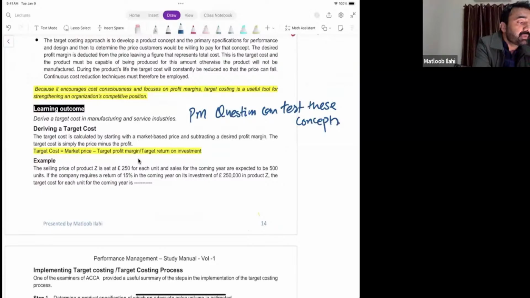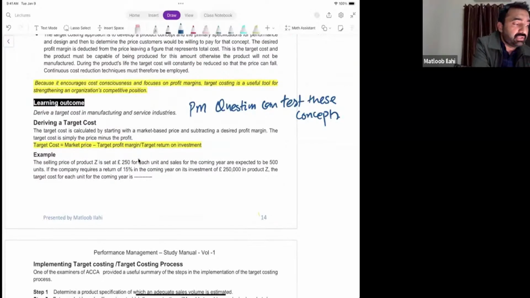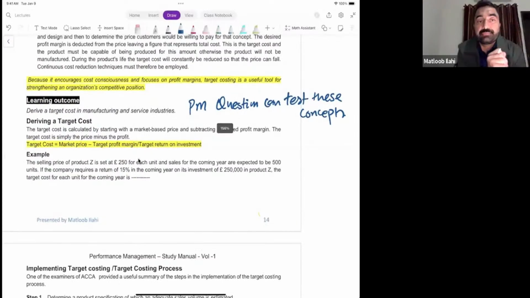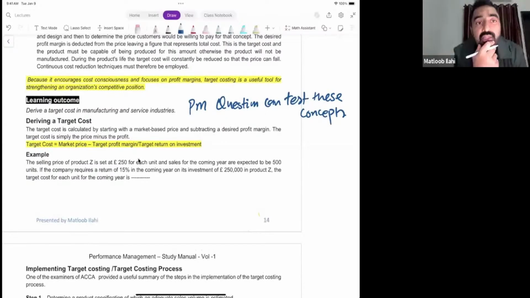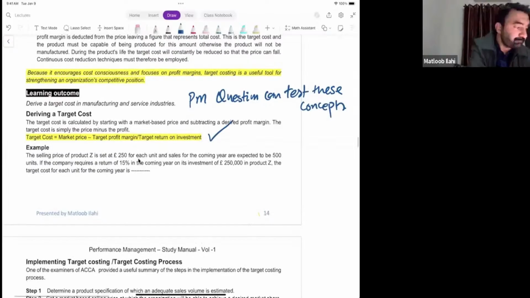So, deriving our target cost. The target cost is calculated by starting with the market-based price, as I mentioned earlier, and subtracting a desired profit margin. The target cost is simply the price minus profit. So this equation I have already discussed: target cost is equal to market price minus target profit.